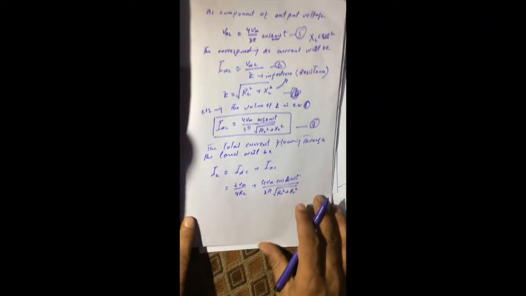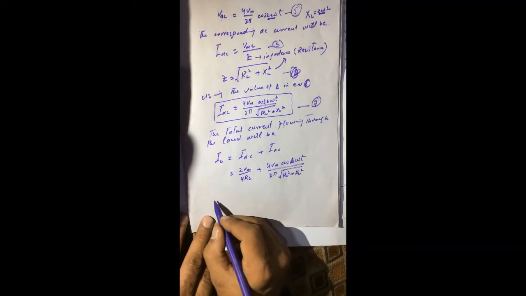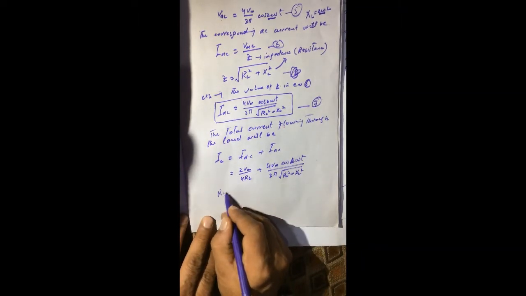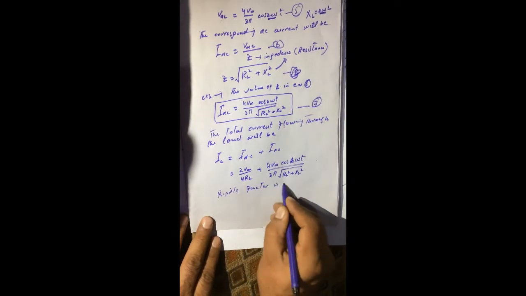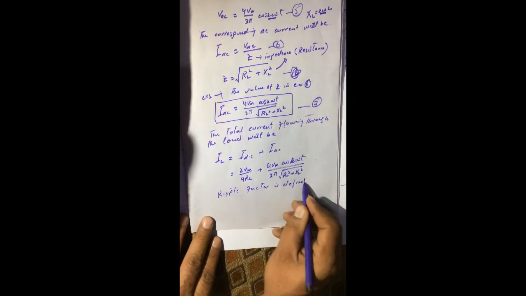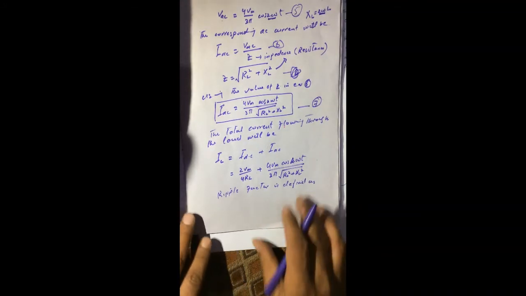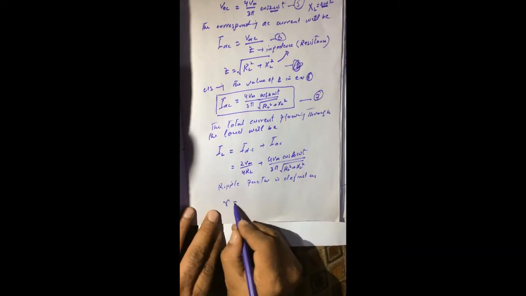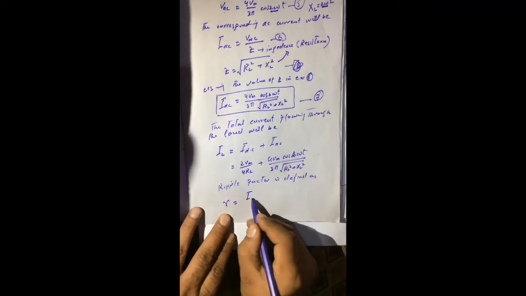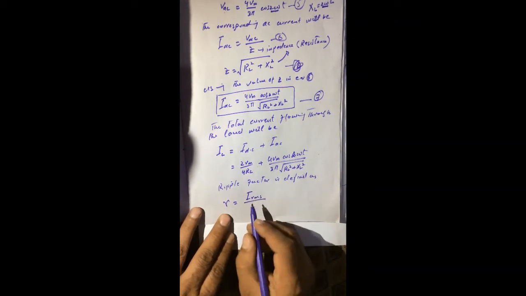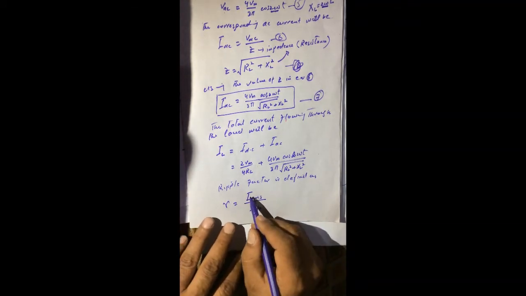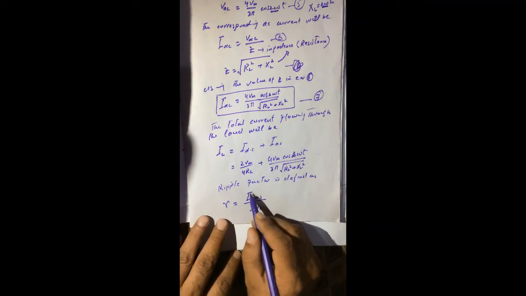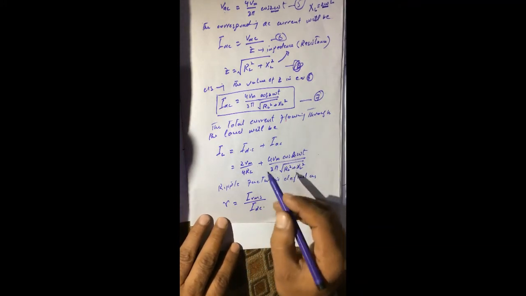Now ripple factor is defined as gamma, which is the root mean square AC current over the DC current IDC. Now this is the maximum value of the AC current.